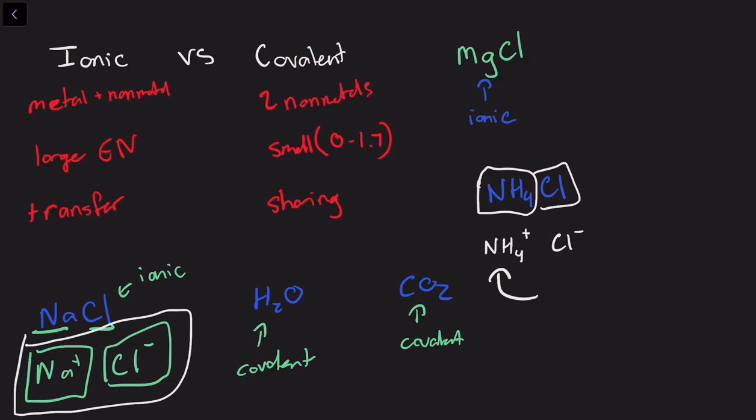So internally, our NH4 is going to be covalent. And then if we're looking at it as an ion as a whole, it's going to have an ionic bond with our chlorine. So this is going to have covalent bonds within and ionic bonds with the chlorine.